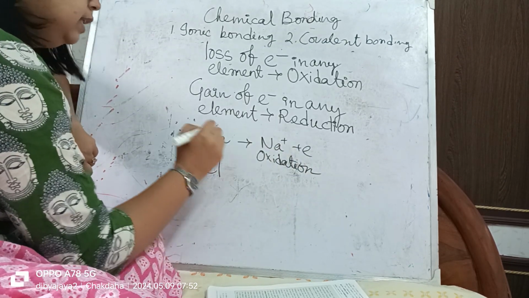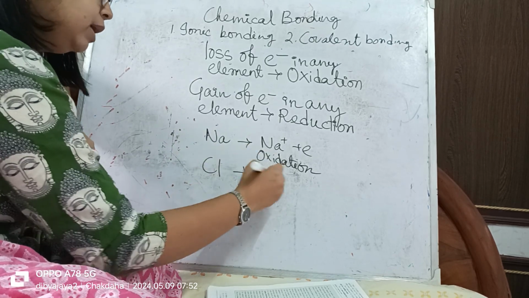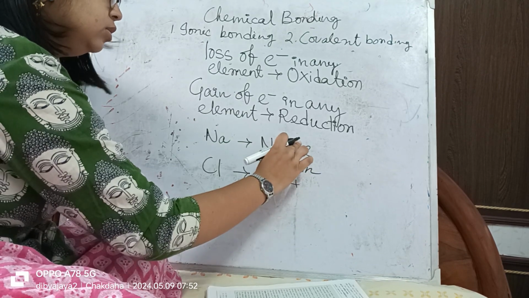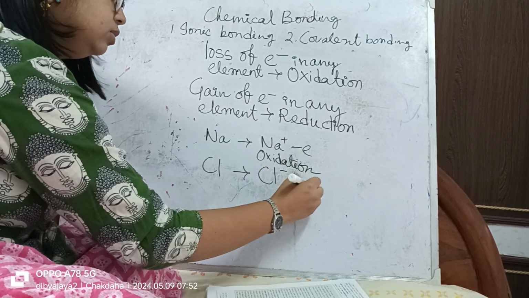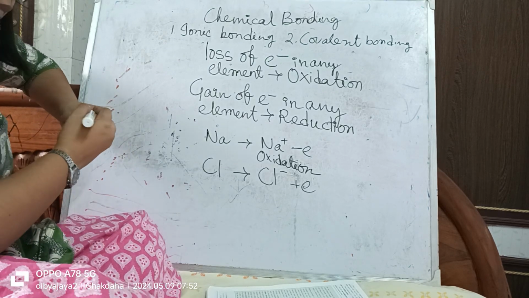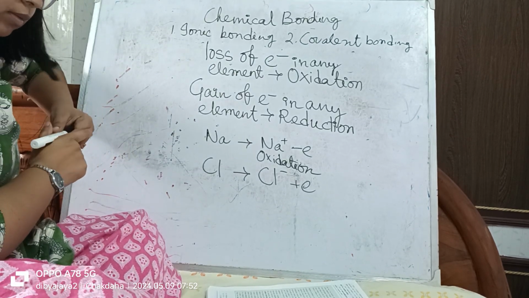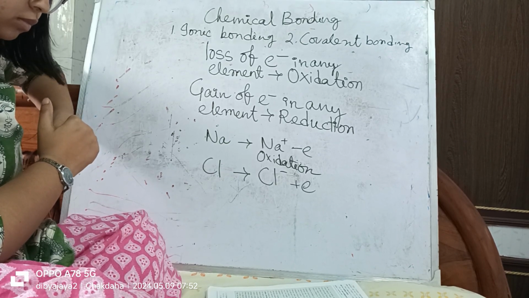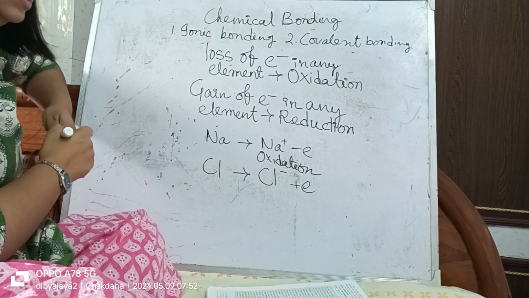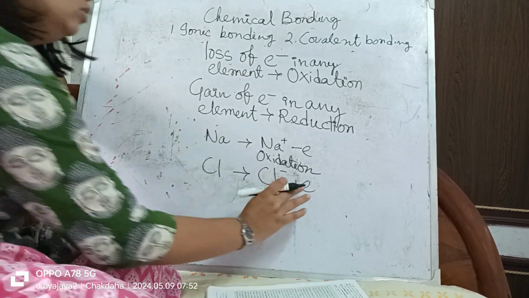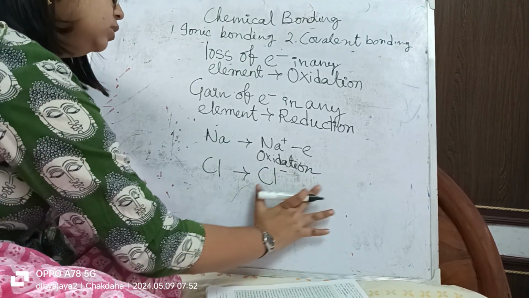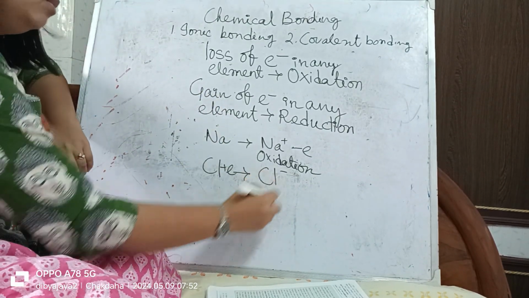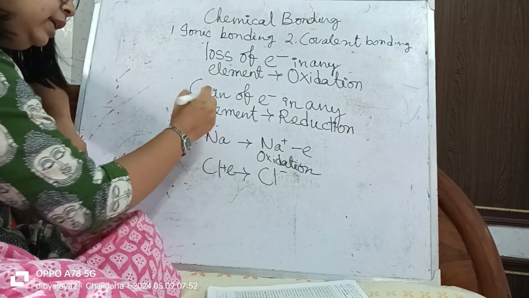When Cl forms Cl minus, Cl plus an electron gives Cl minus, so there is electron gaining here.